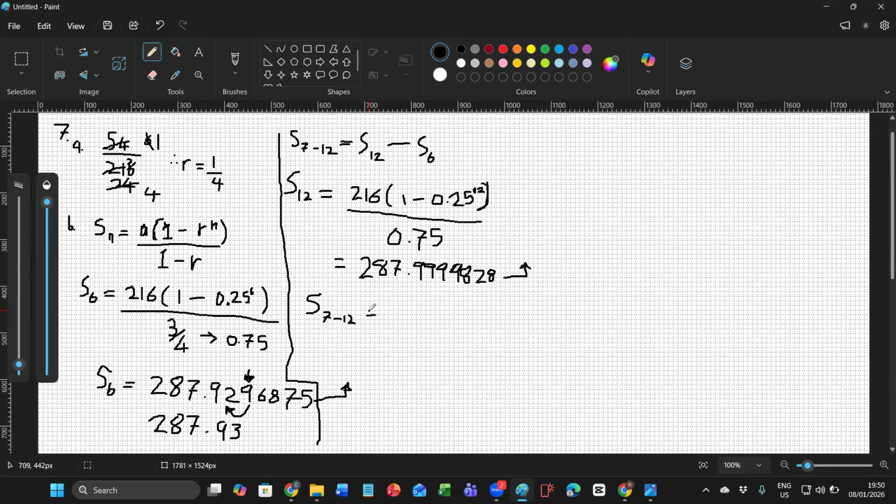So that will be equal to S12. Okay. Have you been able to subtract it? What did you get? So I should subtract it by this number that you got now, minus S2.